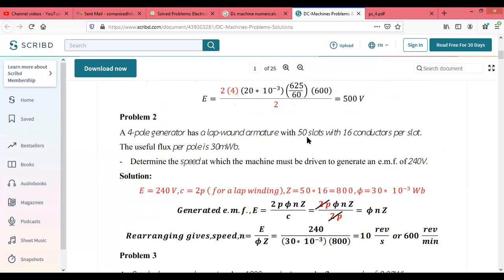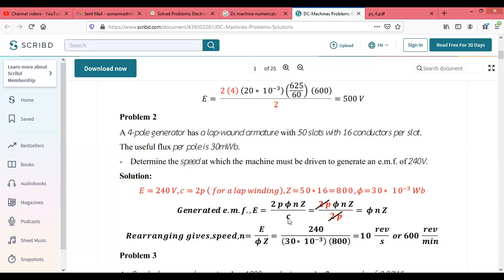They have given the number of conductors per slot, so we will get the total number of conductors for that DC machine. The flux they have already given. So we have the EMF equation for the generated EMF, because they have asked to generate the EMF. Generated EMF equals 2p phi N Z upon C, or you can directly take capital P, so there is no need to write 2p.